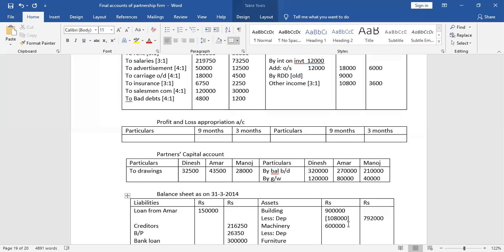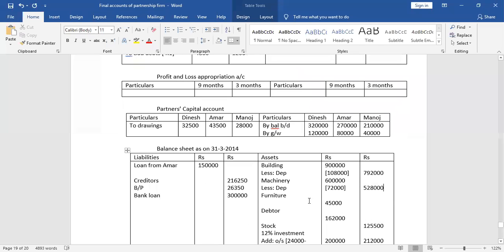How much is the amount? 6 lakh पे 12% depreciation is 72,000. Then how much you get after you minus? 5,28,000. Then furniture also you will have to calculate 12% depreciation.